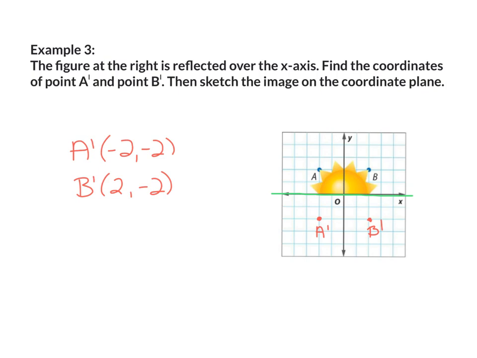Okay, I'm going to go ahead and sketch the image. So it looks like I have a point about here. I have another one about here. Another one here. One there. Another here. One over here. One here. I have another here.